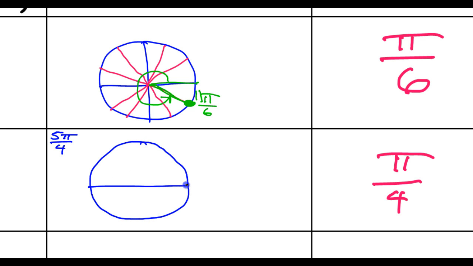There's pi over 2, and here's pi over 4. Okay, so each one of these is pi over 4. So 5 pi over 4. Starting from standard position, this would be 1, 2, 3, 4, 5 pi over 4 would be right here.